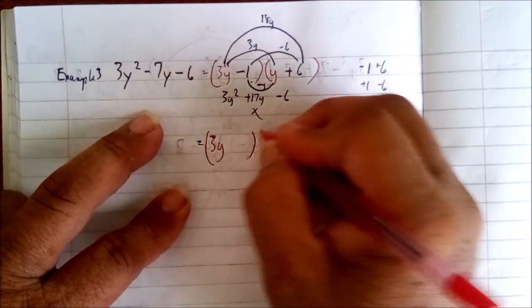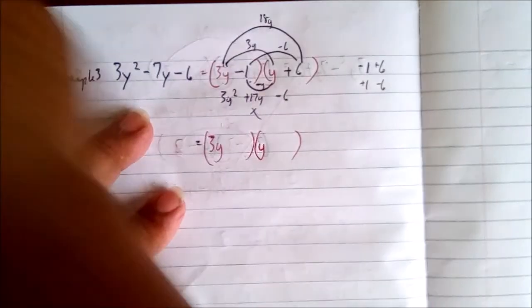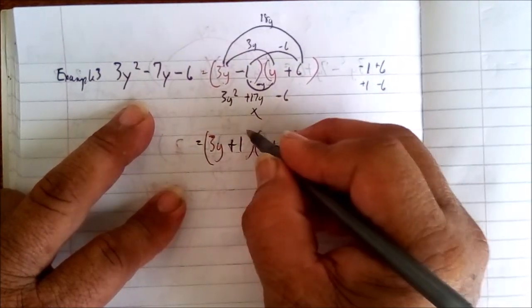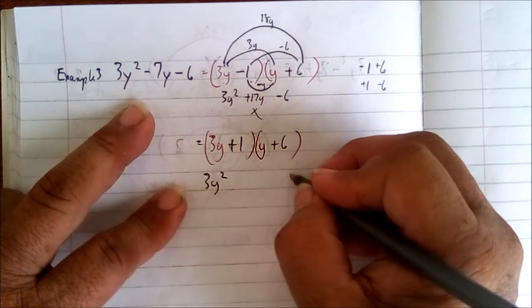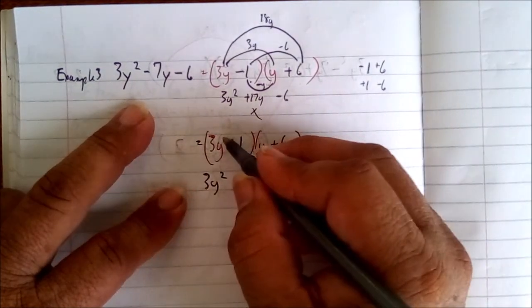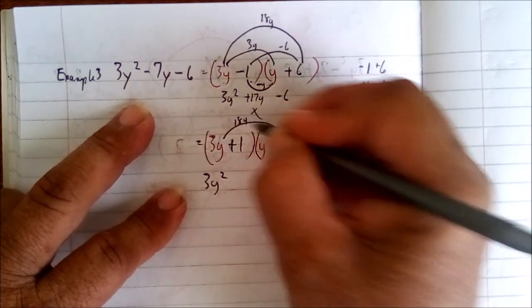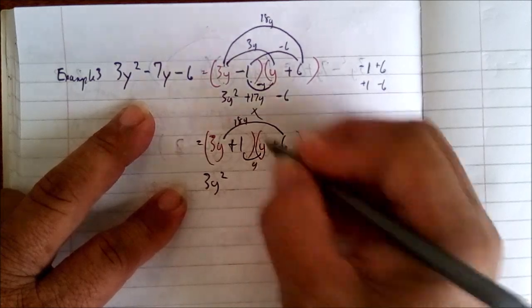3y and y, and instead of negative 1, we're going to say positive 1 and negative 6. We know the end values are going to be okay, so we can write them down. Now this will give us 18y, and this is going to give us y, or negative 18y.